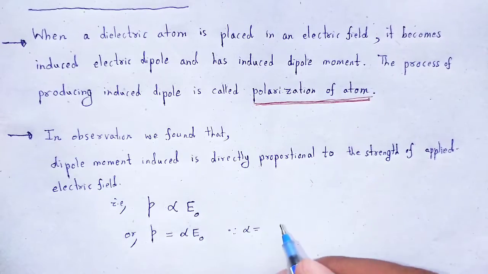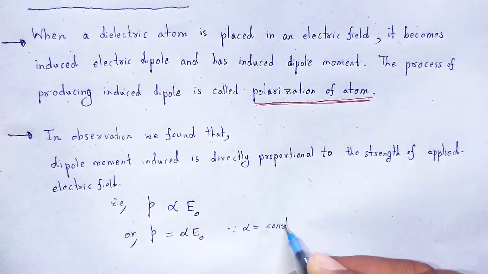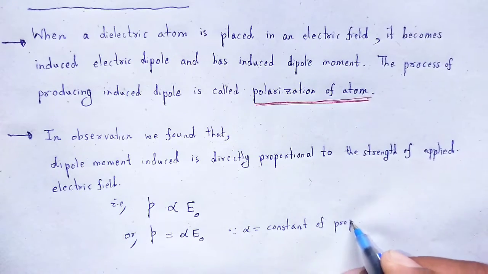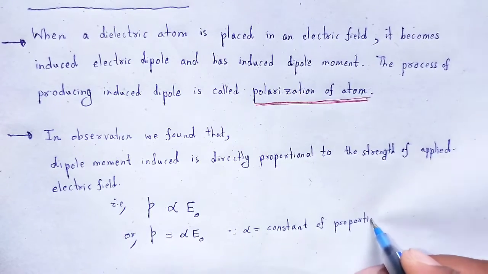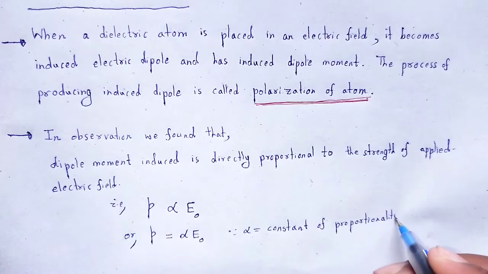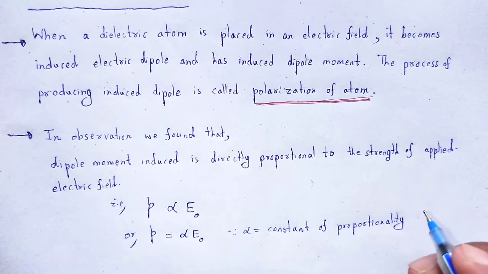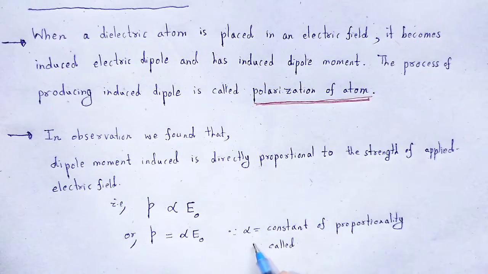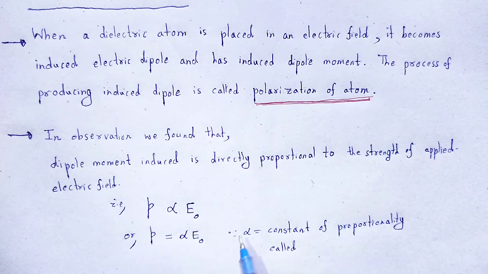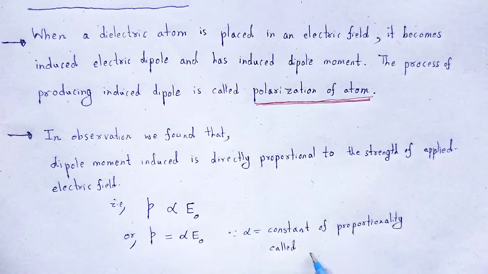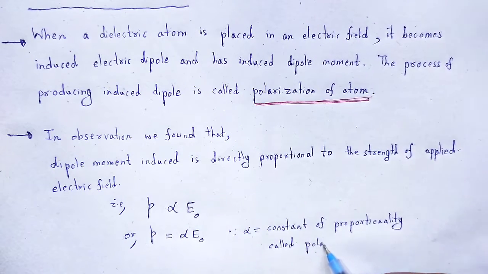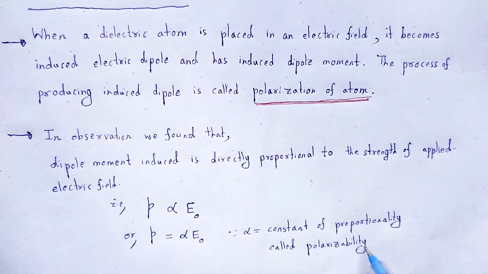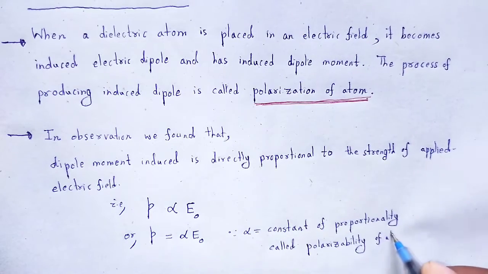Alpha is the constant of proportionality, and that constant of proportionality is called the polarizability of the atom.